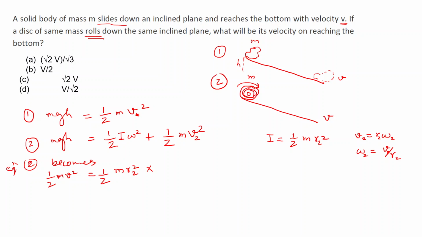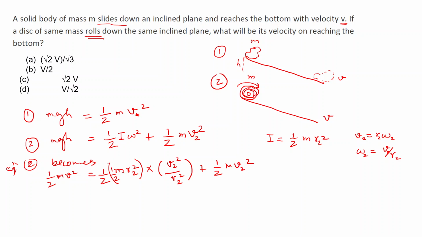Oh wait, this half is here. Now moment of inertia is half m r2 square, so there is one more half when I put the value of moment of inertia here. Now omega square means v2 square divided by r2 square, plus half m v2 square.